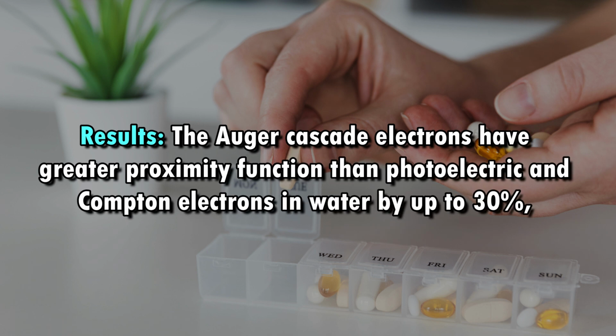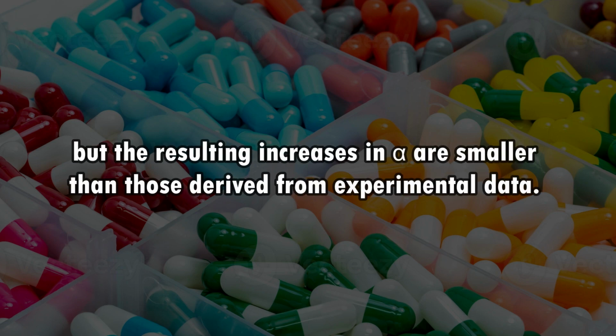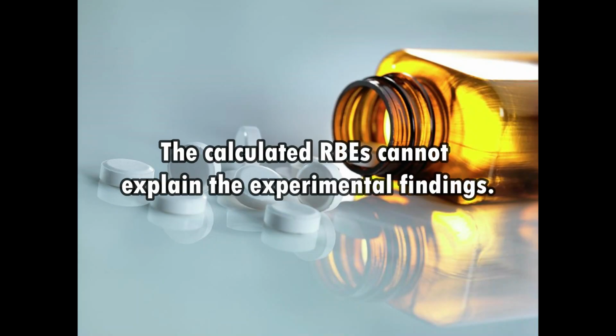Results: the Auger cascade electrons have greater proximity function than photoelectric and Compton electrons in water by up to 30%. But the resulting increases in alpha are smaller than those derived from experimental data. The calculated RBEs cannot explain the experimental findings.